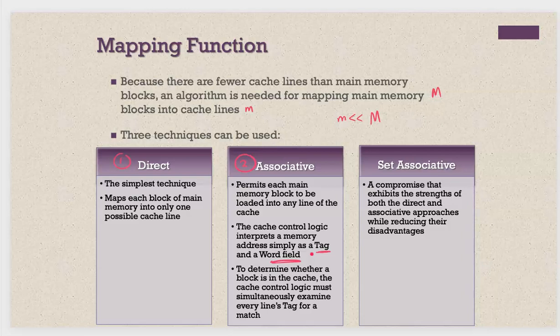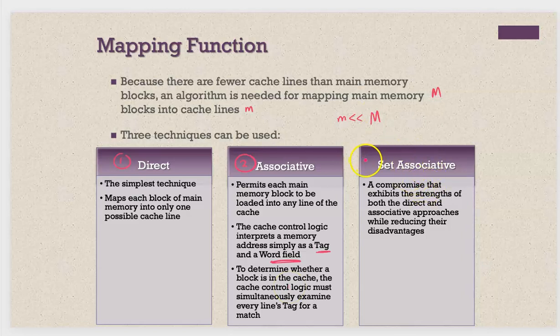But we have not talked more on it. We will do so later. To determine whether a block is in the cache, the control logic must simultaneously examine every line's tag for a match. So the tag must be quite small for this examining process to happen fast.